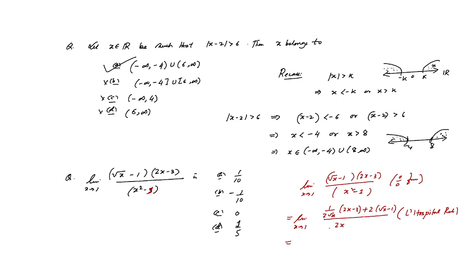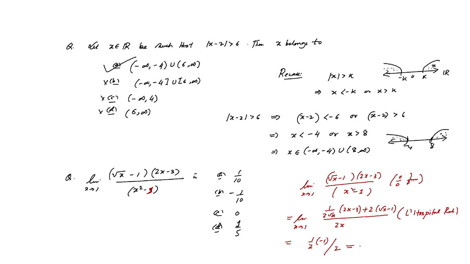So if we put 1 here, the limit will be 1 by 2 into minus 1 plus minus 1, divided by 2.